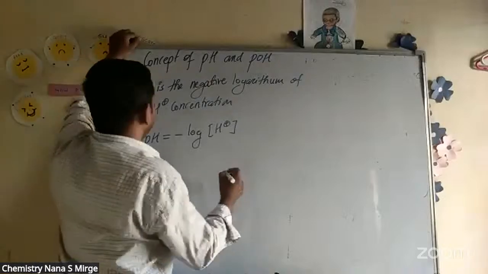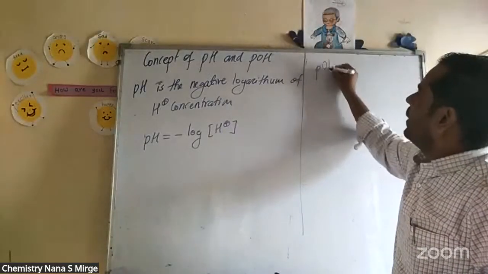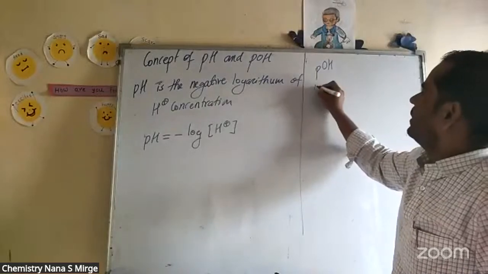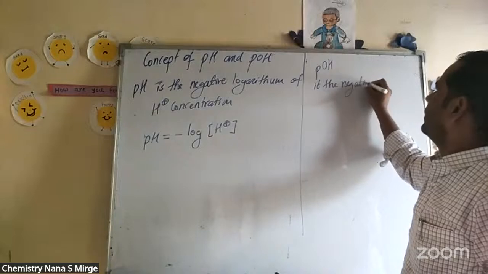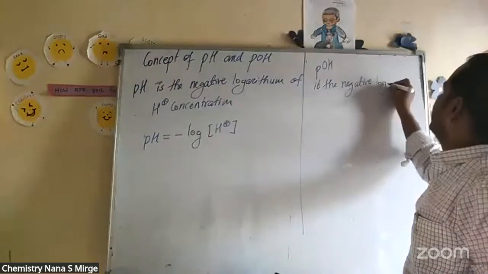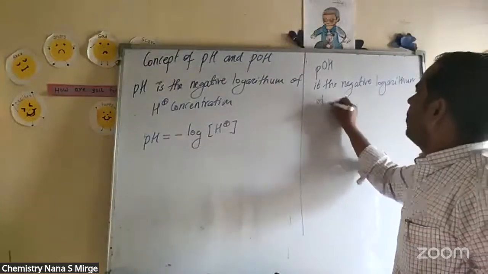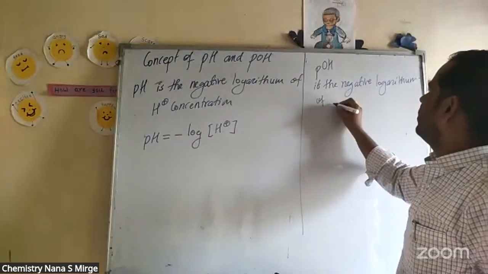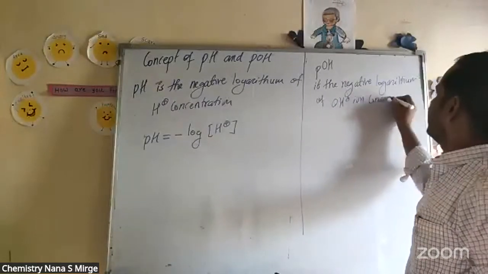And what is the definition of pOH? Potency of hydroxyl ion. That is, it is the negative logarithm of OH negative ion concentration.